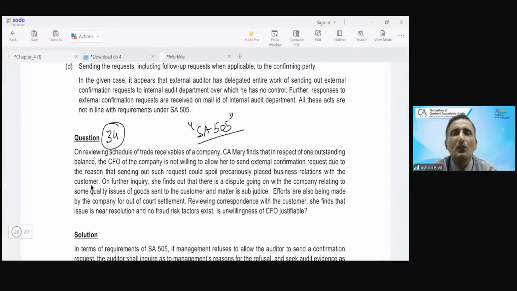By sending confirmation requests, the relationships may get spoiled, because they are already very delicate and precariously placed. He has also assessed that there are no fraud risk factors. So all the conditions stated in SA 505 are met, and therefore the unwillingness of the CFO is quite justifiable. Clear?